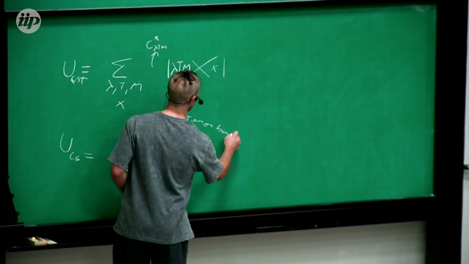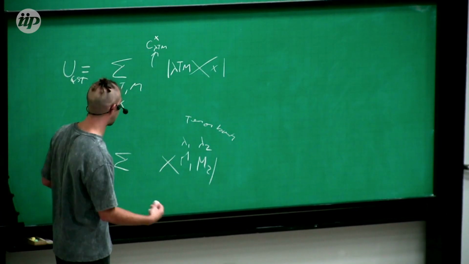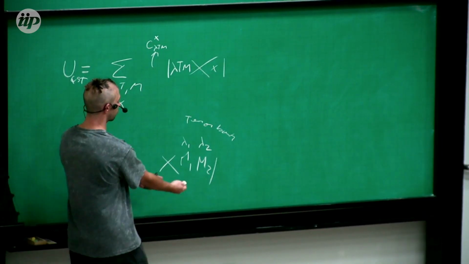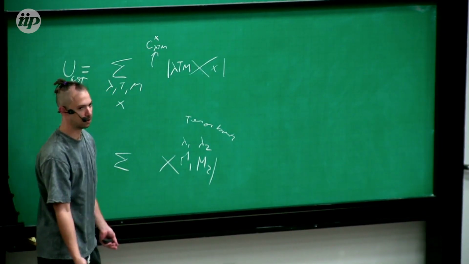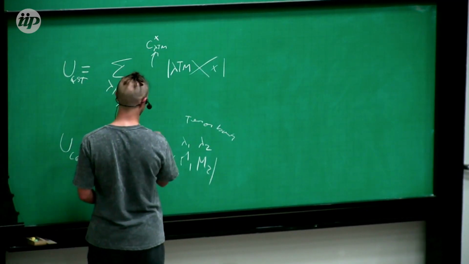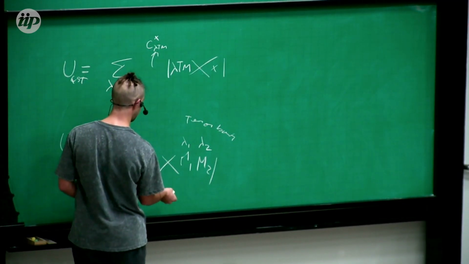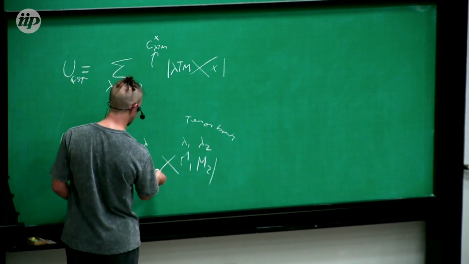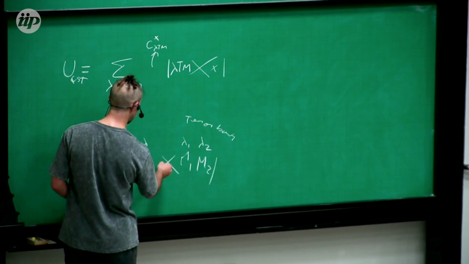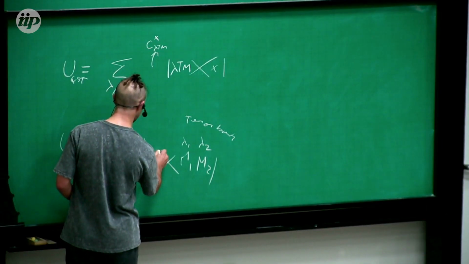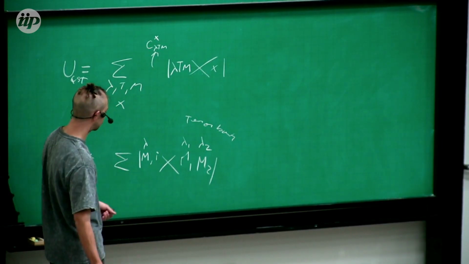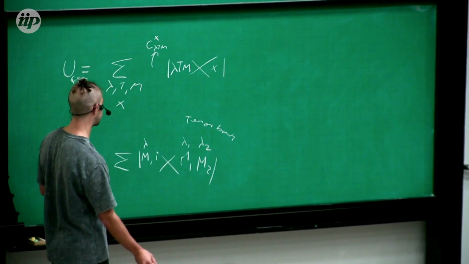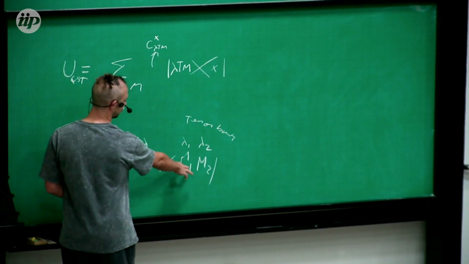By definition, there is another basis we can call the coupled basis. In the tensor basis, the group action is not block diagonal. But we can have another basis here, which will be lambda m, and then I need another label for multiplicity, like I. Basically I'm saying these things couple to this.